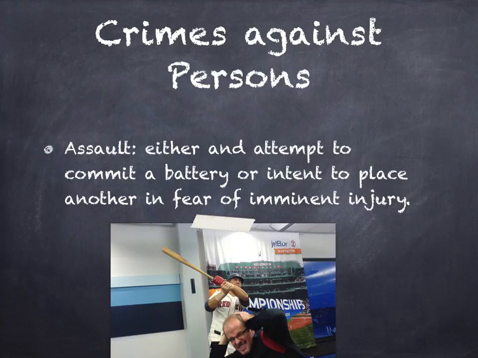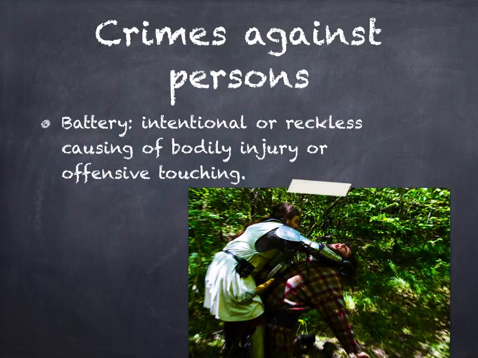Okay, let's get to the top of the list: crimes against persons. Assault is either an attempt to commit a battery or intent to place another in fear of imminent injury. Usually it's serious bodily injury or harm. And this guy looks like he is in fear of harm in the photograph. He hasn't been struck yet. I don't know the entire context of this, but I thought the image was appropriate.